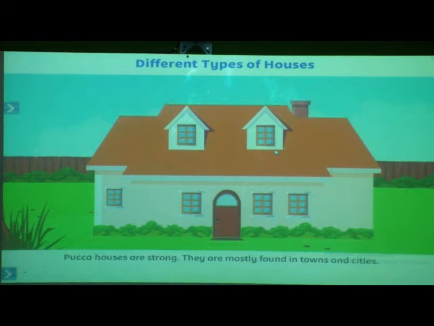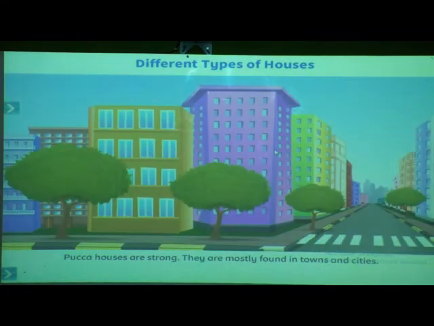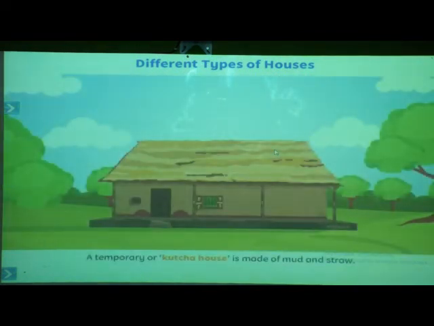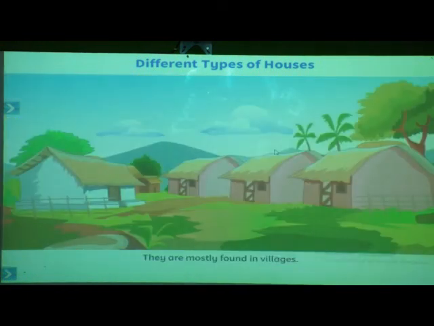Pakka houses are strong. They are mostly found in towns and cities. A temporary or kacha house is made of mud and straw. Kacha houses are not very strong. They are mostly found in villages.